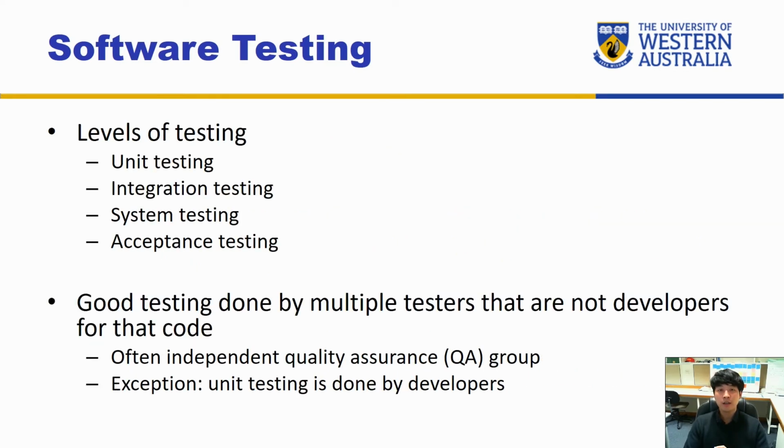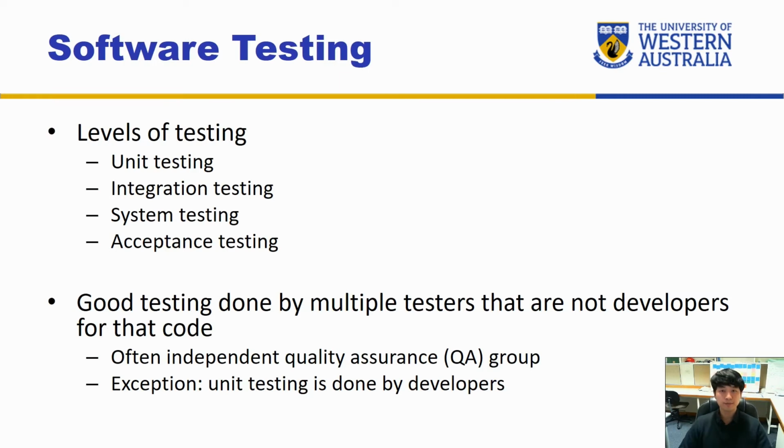There are mainly four levels of testing, starting from unit testing, integration testing, system testing, and finally acceptance testing. Typically you will try to include external testers like pen testers to come and test the systems, and they may be able to pick up some vulnerabilities that you may not have thought about before.